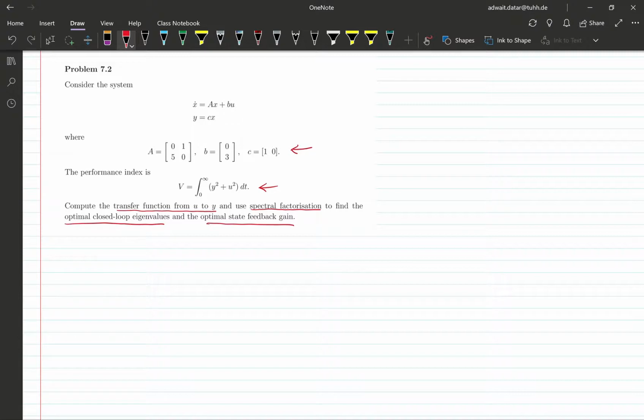Now I would like to take this opportunity to talk a little bit about spectral factorization and give it an interpretation from the point of view of the Hamiltonian system, and that's why I recommend that you have a look at 5.1 if you've not done so already.